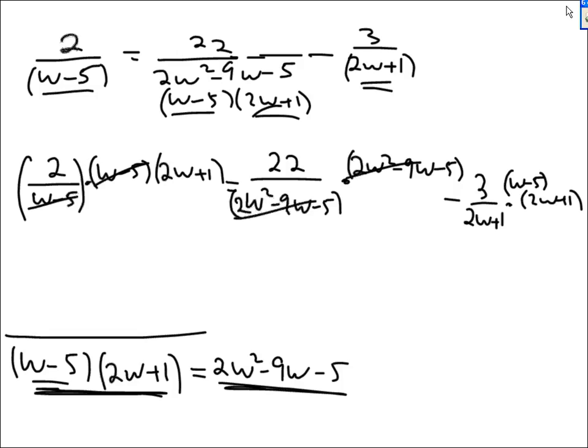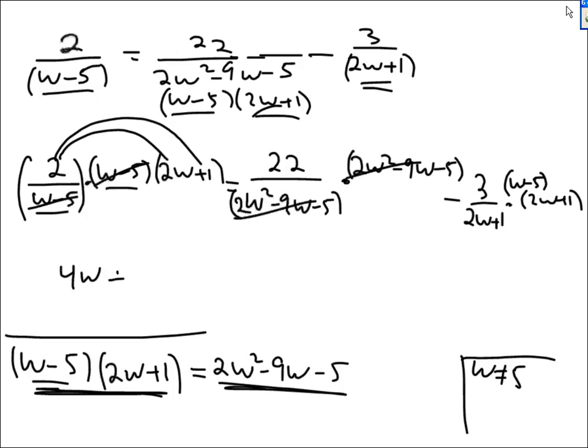Now, I said that these two cancel out to 1, provided w is not 5. So, I have 2 times 2w, 2 times positive 1 is positive 2, equals. Now, remember, this was really w minus 5, 2w plus 1.